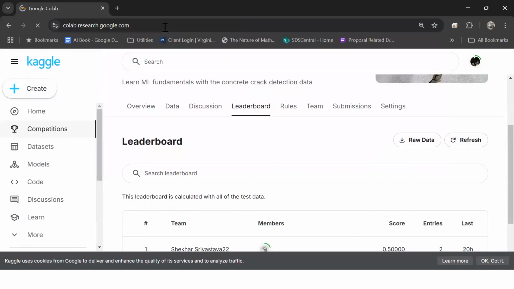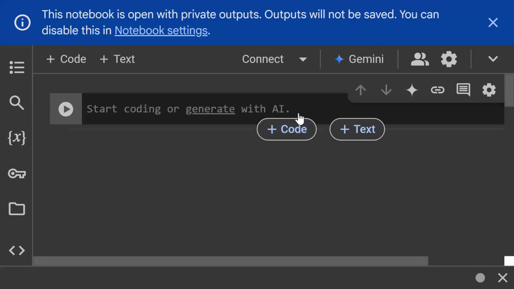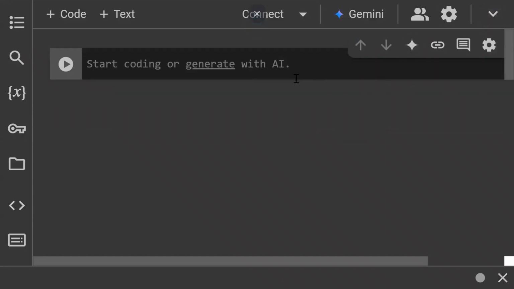Colab, search.google.com. Yep. So here we are.